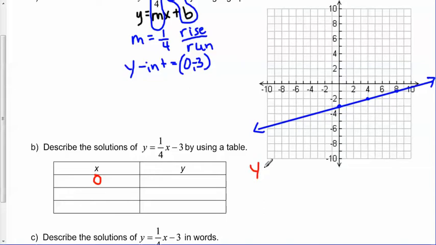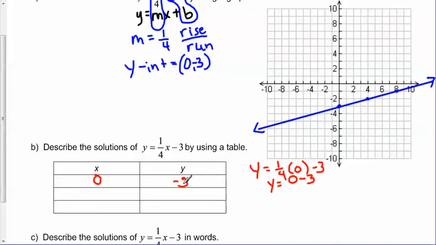So we're going to have y equals 1/4 times 0 minus 3. 1/4 times 0 is 0. So y equals 0 minus 3, that would give us -3.